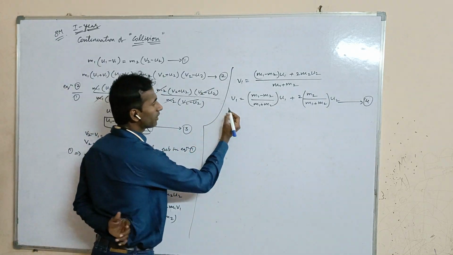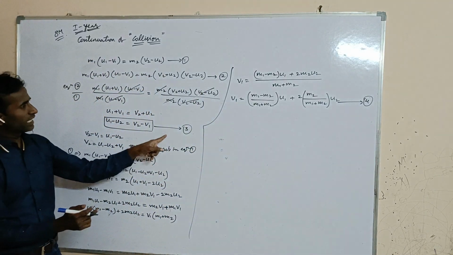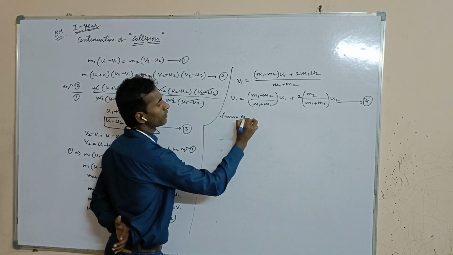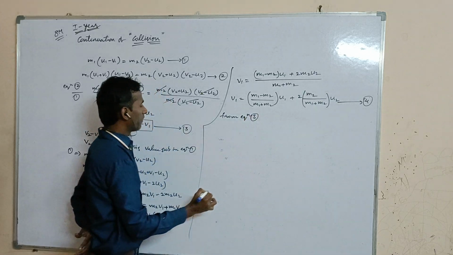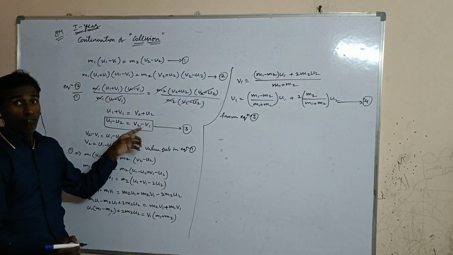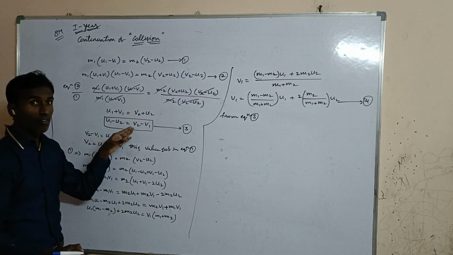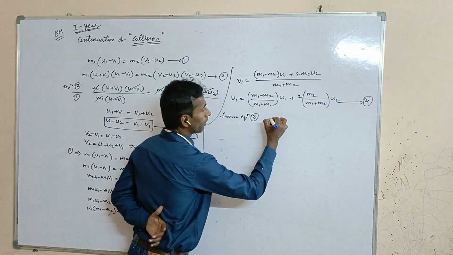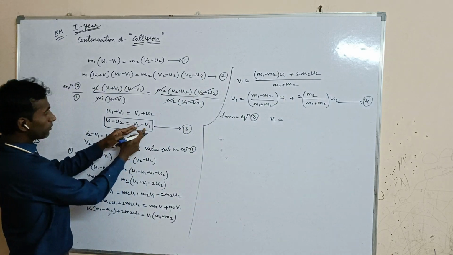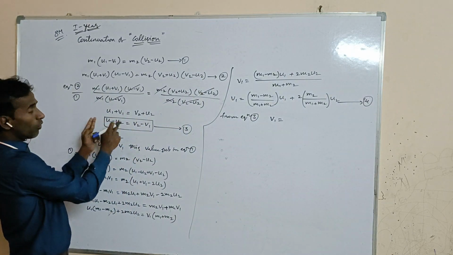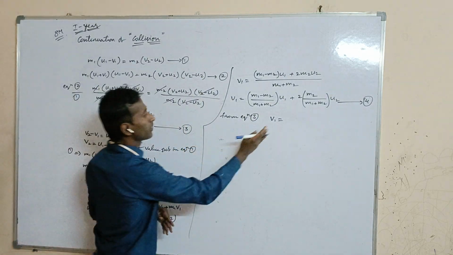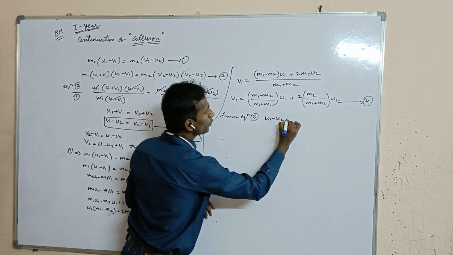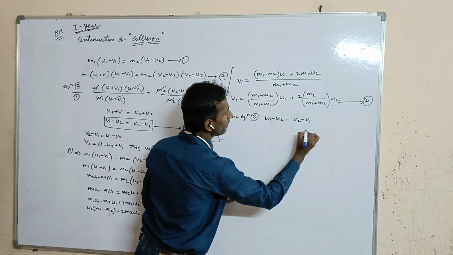And now we have to take another one from equation 3. We have to make v1 the subject. Writing equation 3: u1 minus u2 is equal to v2 minus v1.